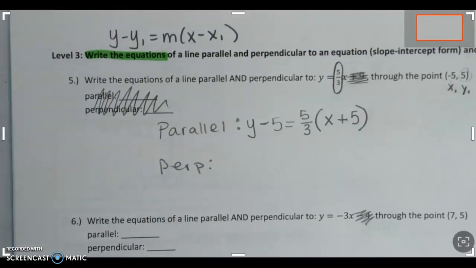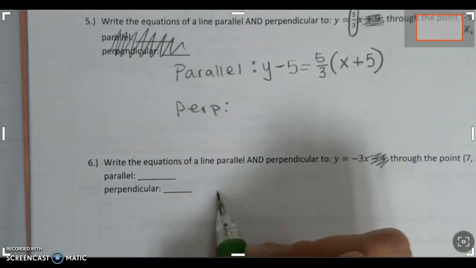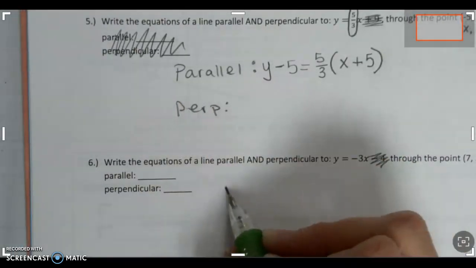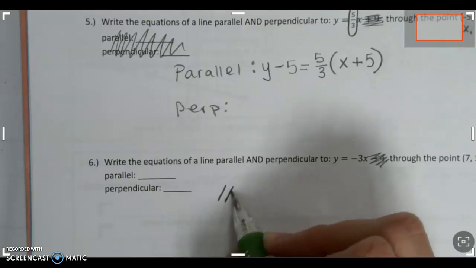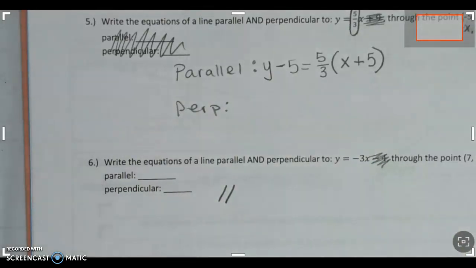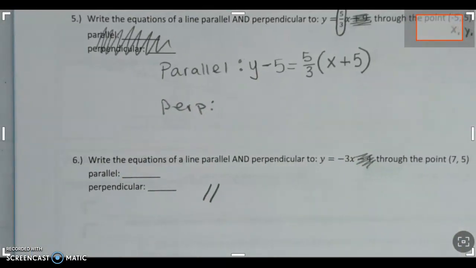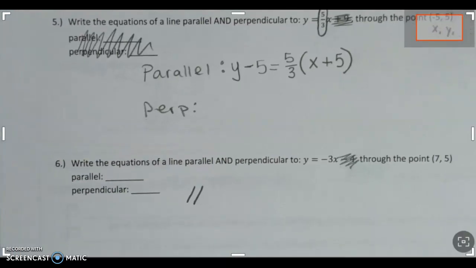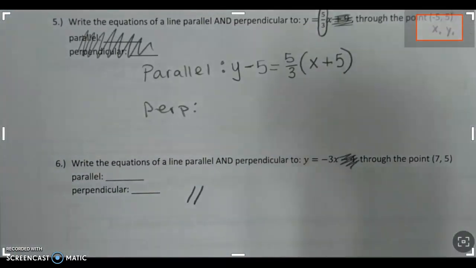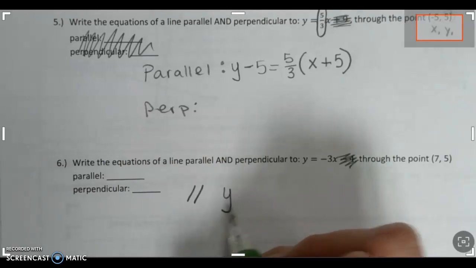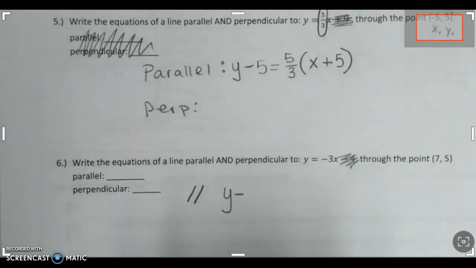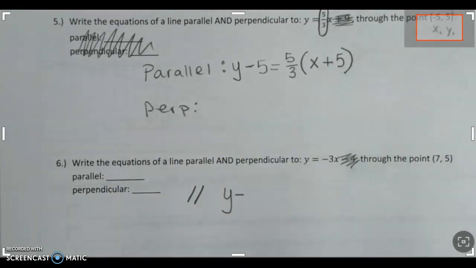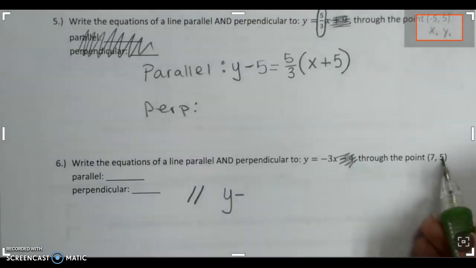Okay, so let's write the equation. Let's do a parallel. If you don't want to write the word parallel out, just so you know, this is the symbol for parallel. We're super creative when we come up with symbols in math. Okay, here we go. Y minus 5 is the y number, so we'll put that 5 next.